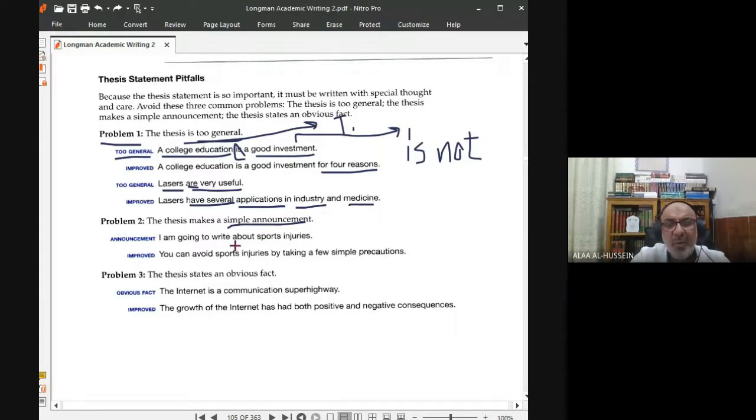Can any one of you say why this sentence represents a bad thesis sentence? I'm going to write about sports injuries. Why does this sentence read badly as a thesis sentence?